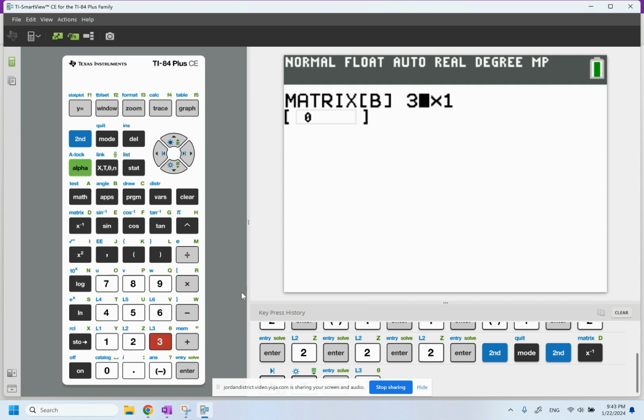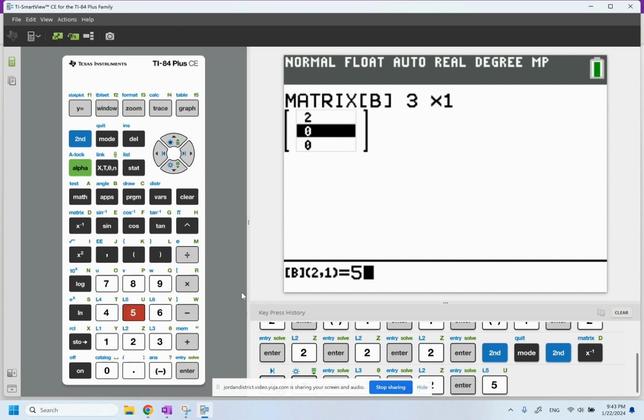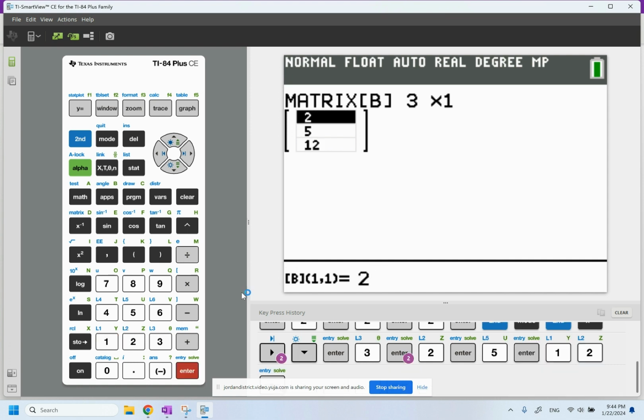So I'm going to make it 3, enter, and then 1. And then we just enter in the values that we had, which were 2, 5, and 12. 2, enter, 5, enter, and 12, enter. And so that's our B matrix. That was the right-hand side.